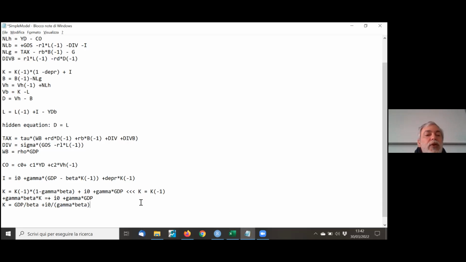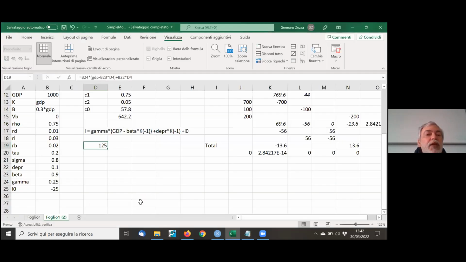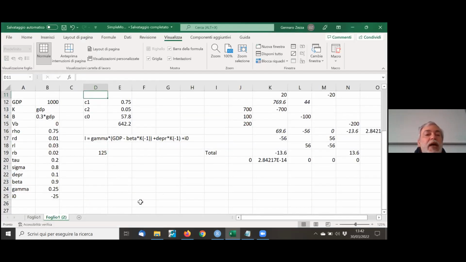So this is already suggesting that for a value of I0 equal to 0, then k should not be equal to GDP as we said at the beginning, but it should be equal to GDP divided by this beta. So it should be larger than GDP.